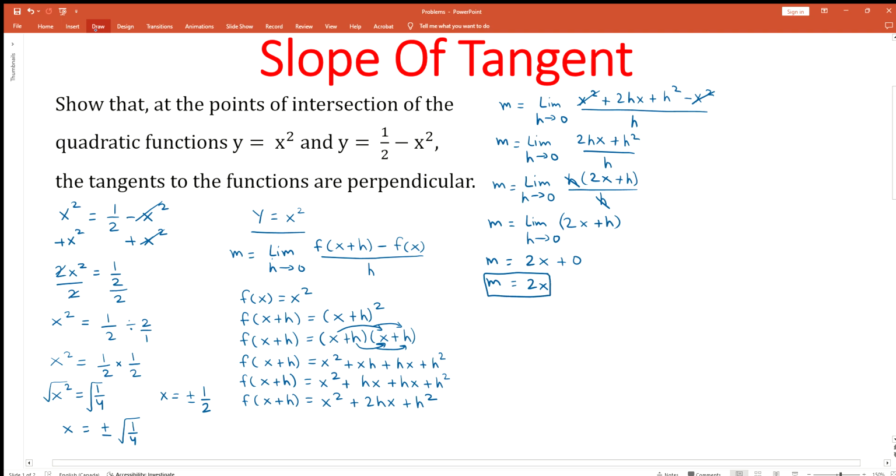Next, we can find the expression for slope of tangent to function y equals 1 over 2 minus x squared. We can use the same limit formula.